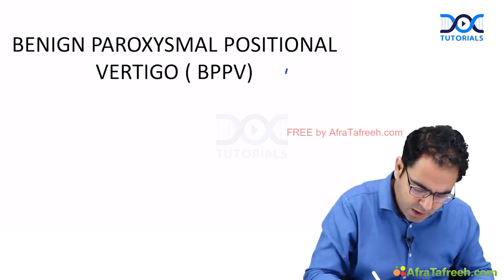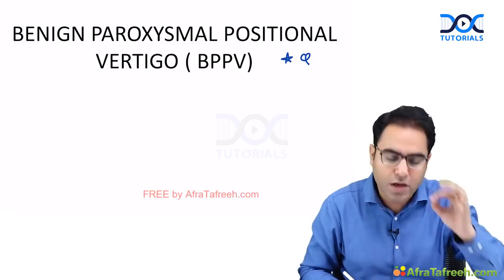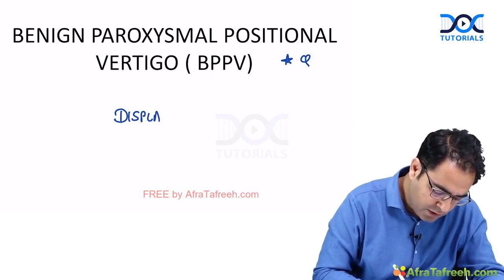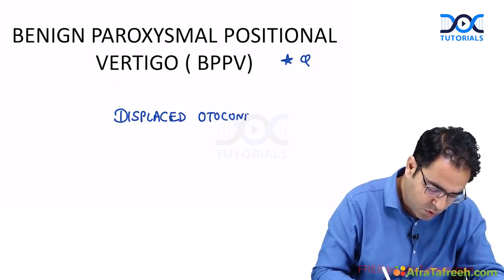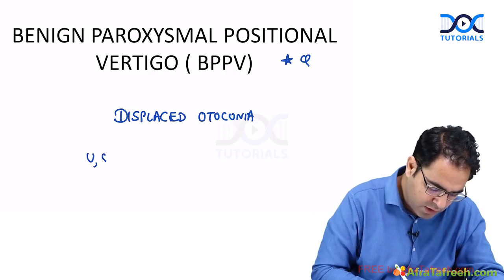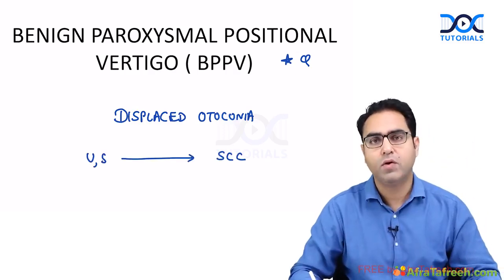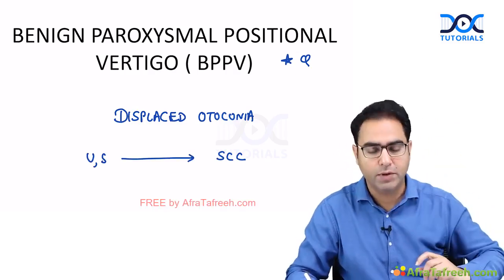Now, this is a very important topic, beta. First of all, what is the cause of BPPV? The cause of BPPV is displaced otoconia. From utricle and saccule, they accidentally reach the semicircular canal.